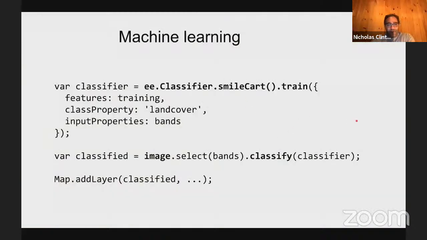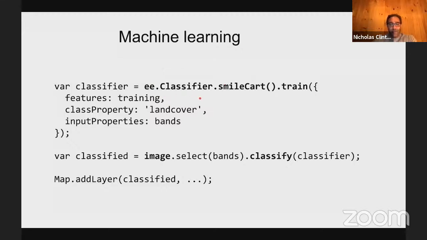What can you do with it? So we've got all this imagery, and one of the very common use cases of EarthEngine is just to train a classifier or to train a prediction algorithm to predict in a regression sense or in a probability sense. You can do all that stuff with the ee.classifier package.